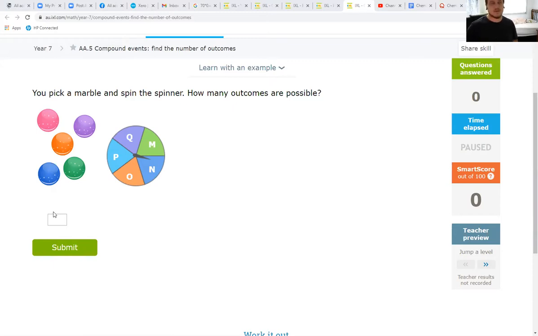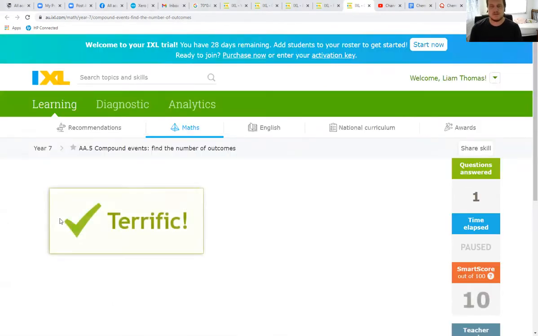So how many marbles and how many options on the spinner are there? So 25 is the answer I got from these guys. Perfect.